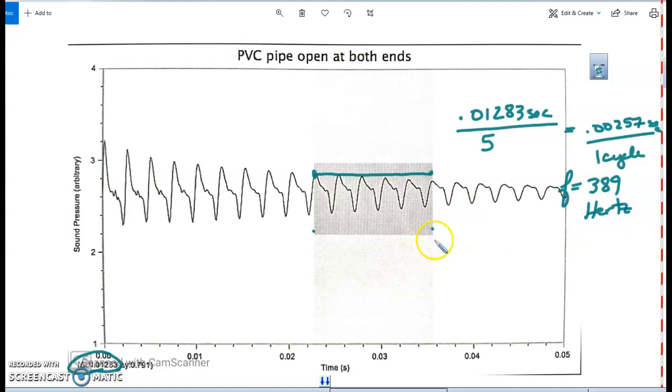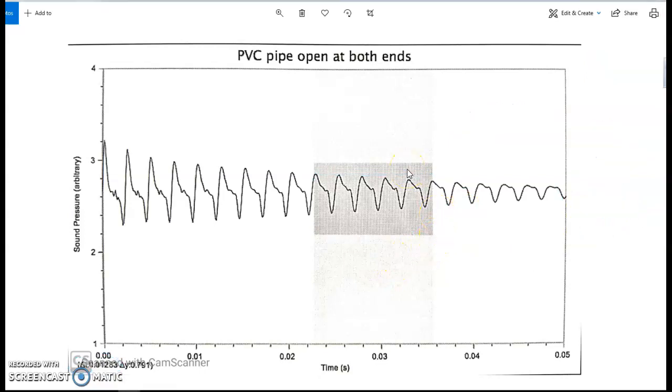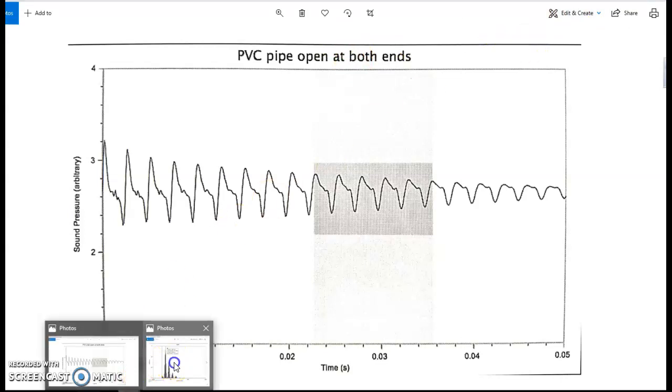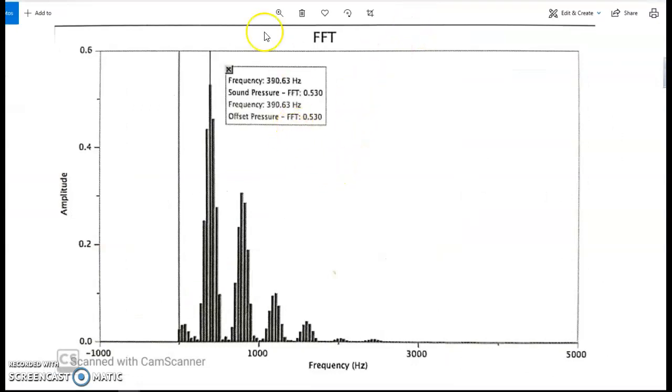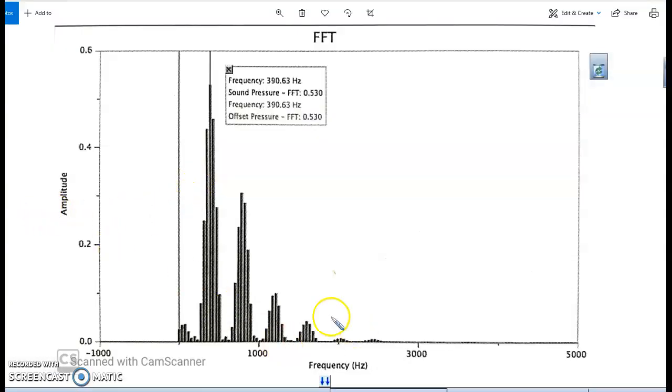Okay? All right, so record that, and then I'm going to open up the second graph that you get here. And this graph is amplitude versus frequency, and what we see here is a high point is about 390 hertz. So that agrees pretty much. It's a little over 390. That one is 389.